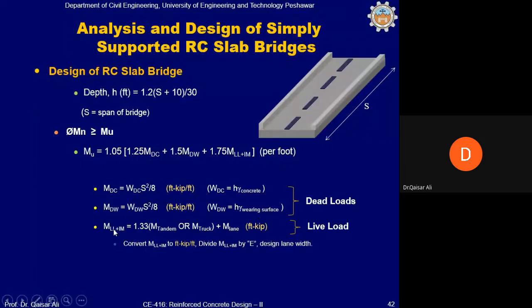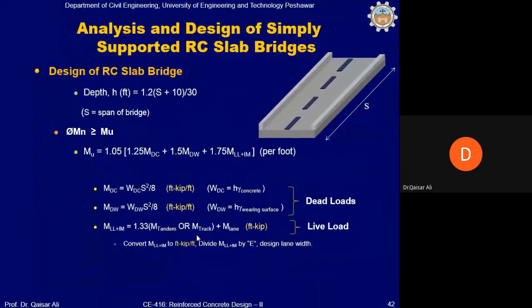And then MLL plus IM, which is the live load bending moment, where plus IM means including the impact factor. In order to include the effect of impact or vibration, the live loads calculated from the tandem or truck are further amplified by a factor of 33, or further increased by 33%. So the live load from the tandem or truck will include some impact from the vibrations which are produced while a truck or tandem passes over a bridge.